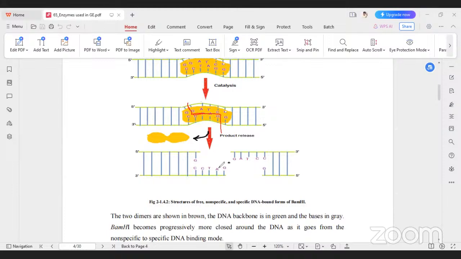Now it is separated, and these are called sticky ends because each is ready to stick to another strand. Here also ready to stick to another strand. That's why these are called sticky ends. The two dimers are shown in brown and green, which you need not write.